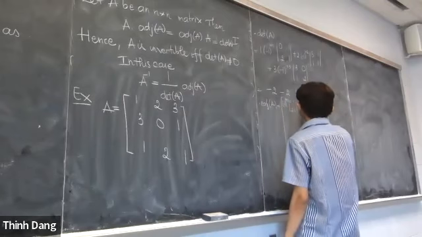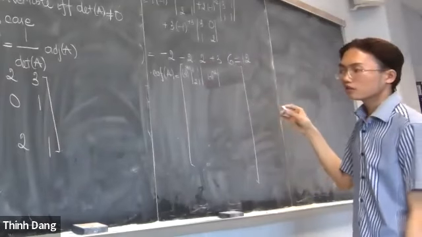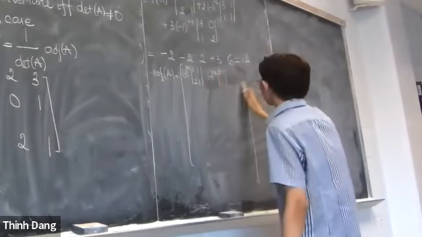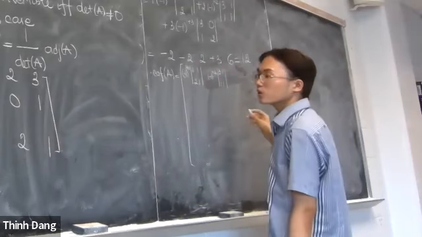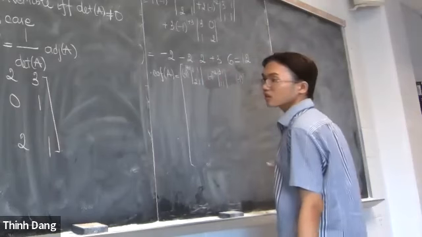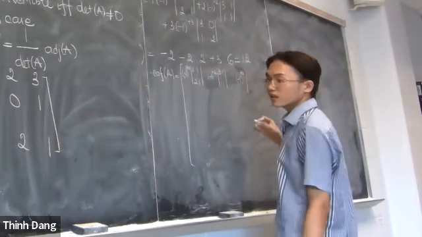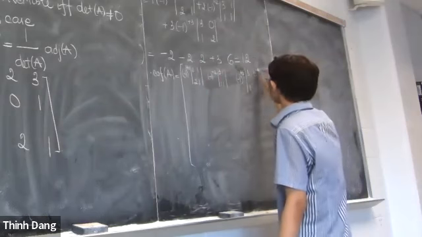Then negative 1 to the power of 1 plus 2, multiplied by the determinant of 3, 1, 1, 1. Last but not least, negative 1 to the power of 1 plus 3, multiplied by the determinant of 3, 0, 1, 2.